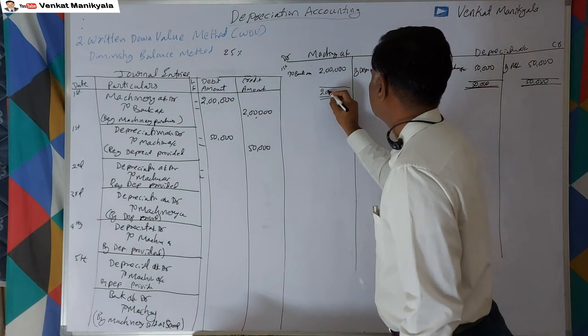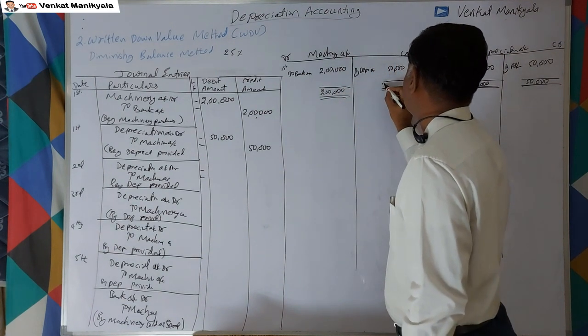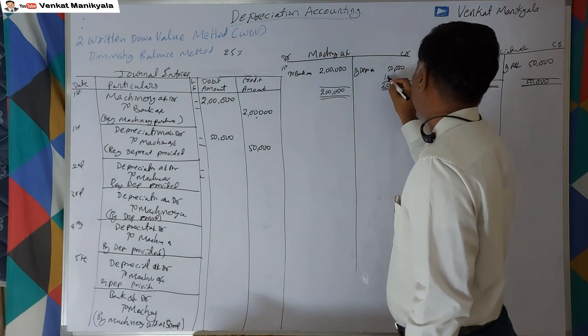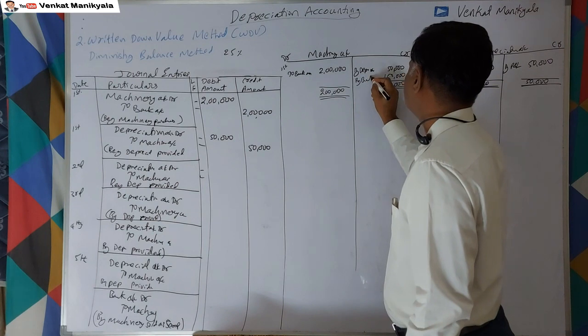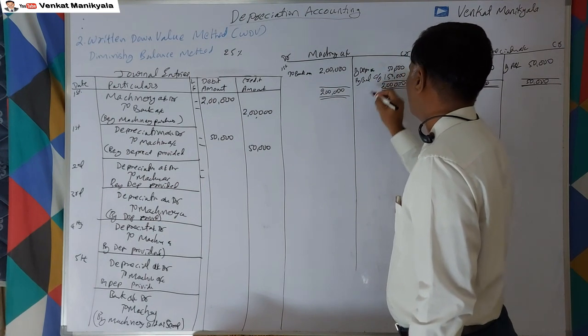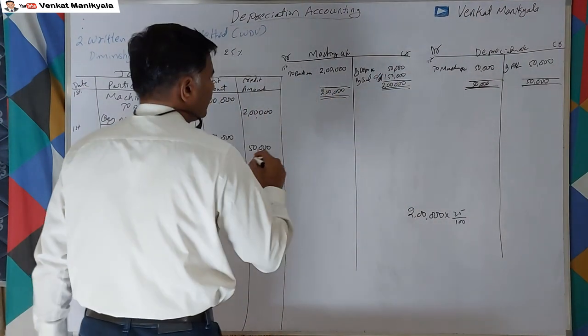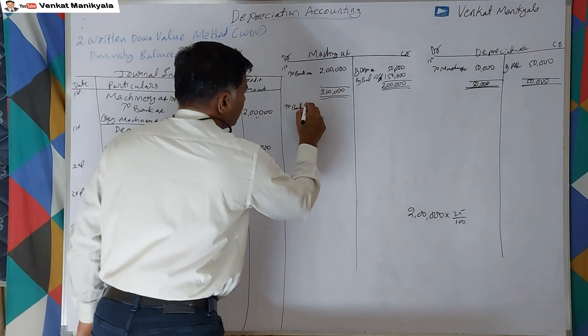Machinery account comes under the real account, sir, right? So real account will have balance. 1,50,000 is the balance. This is by balance carried down, and to balance brought down.